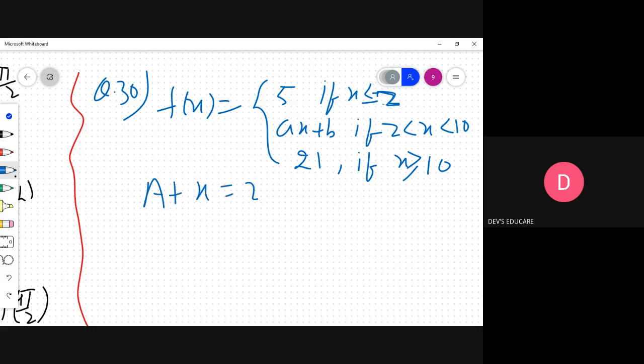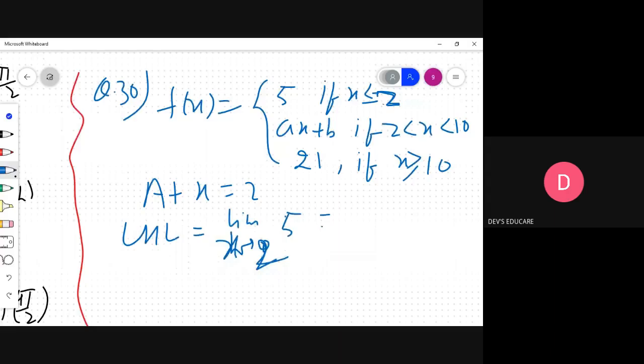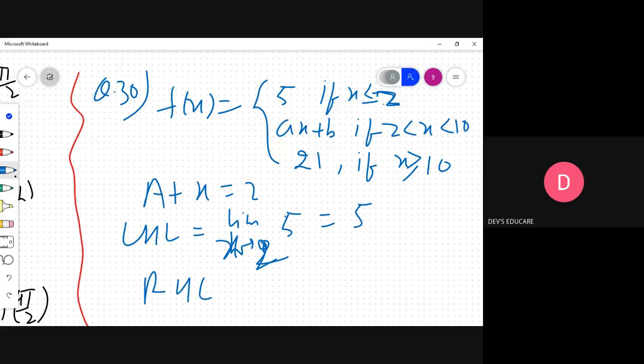So LHL equals 5 and RHL is limit x tends to 2 of ax plus b. So that will be 2a plus b. Yes, sir.